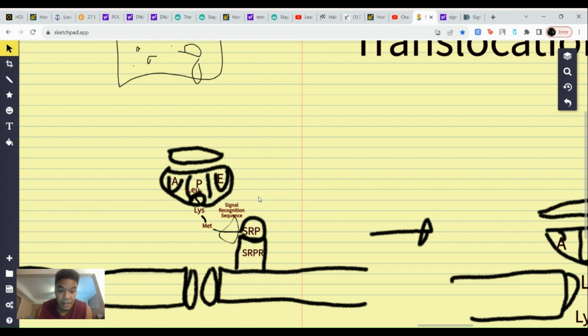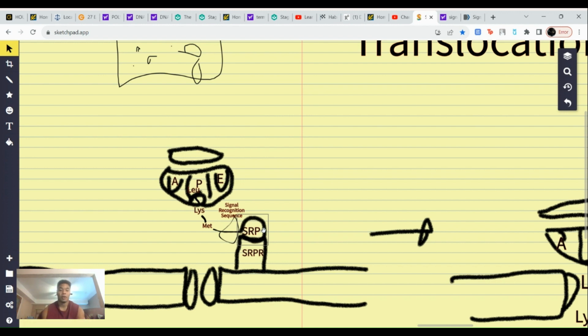This sequence is added to basically give direction to where the translated polypeptide is going to go. And something called the signal recognition particle binds to that signal recognition sequence. So that happens during translation.